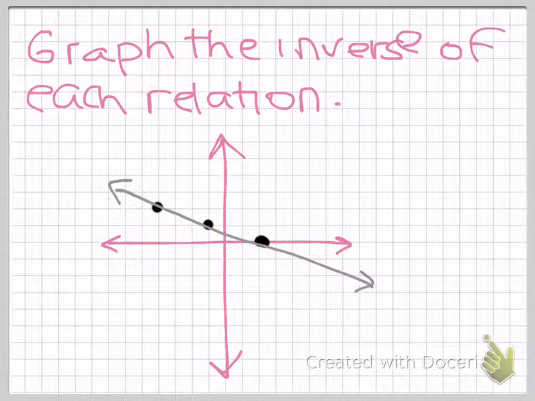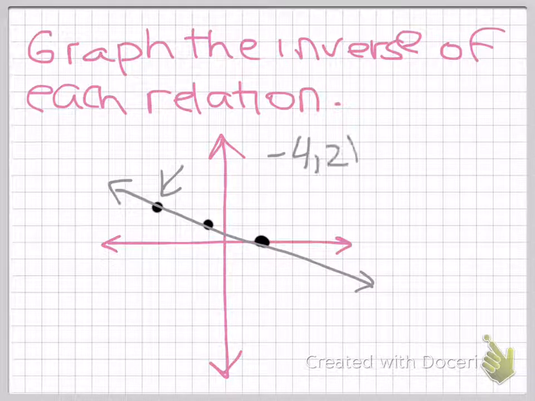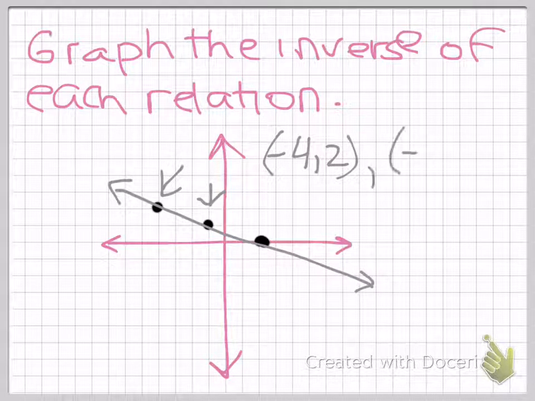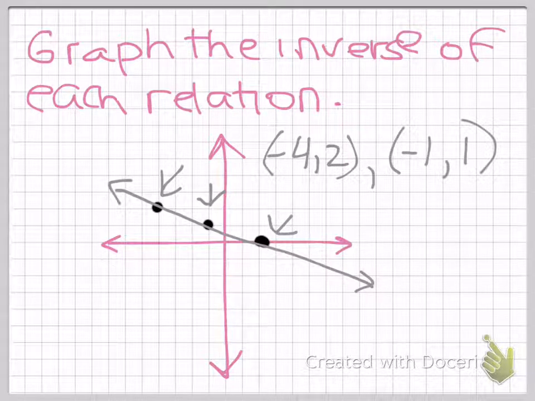The first ordered pair would be (-4, 2), and then I would have (-1, 1) here, and (2, 0).